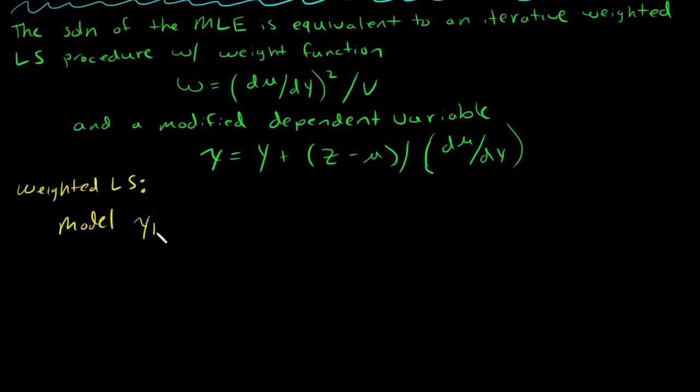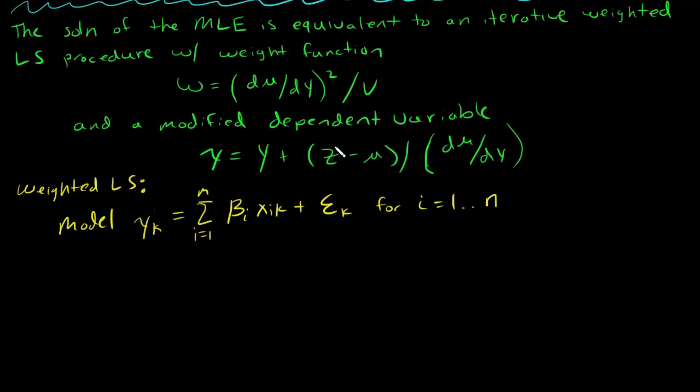So we have y sub k, where k goes from 1 to n, equals the sum from i equals 1 to m of beta i x i k plus some error term epsilon k. And you might be saying, well, hold on a second, why do you have an error term there?